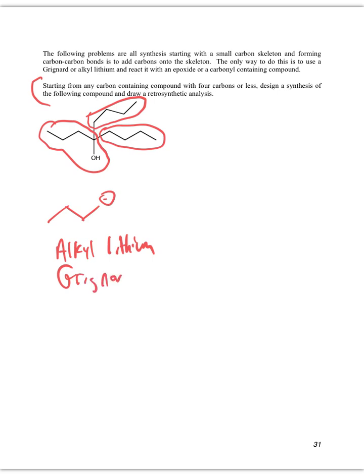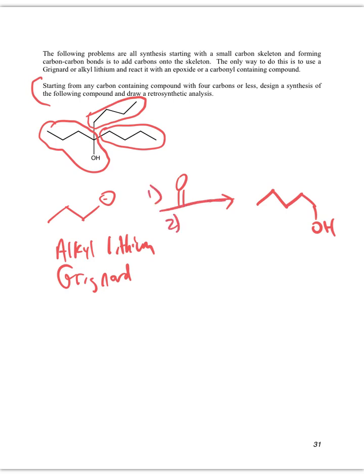Unless it tells you what you have to use, either one works, adding a Grignard or an alkyl lithium to some carbonyl containing molecule to make an alcohol. If we added it to formaldehyde, we would add 1 carbon on.